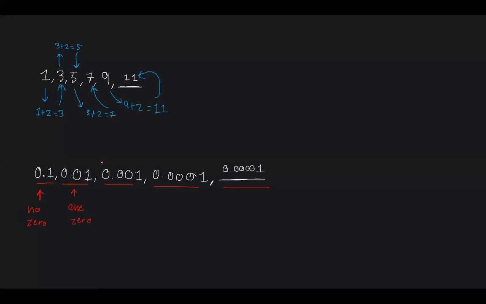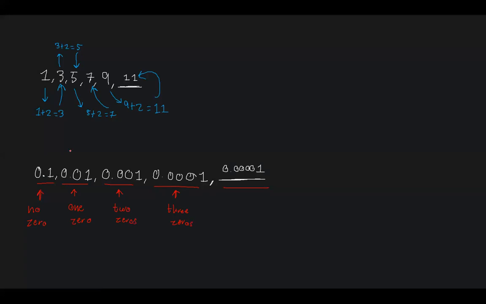Then after the second term, we have the third term, which is this one. In here, we have 2 zeros. Then, if we go to the fourth term, as you can see, there are 3 zeros given. So, what did you notice here?